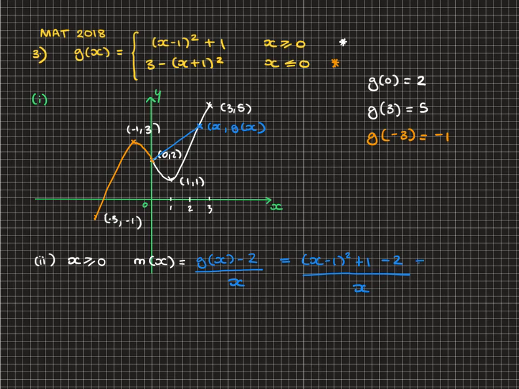And that simplifies to (x minus 1) squared minus 1 all over x, which we can simplify this further as needed. Running out of space a little bit. Let's do that over here. So that's x squared minus 2x all over x, or x minus 2, dividing through by the x.